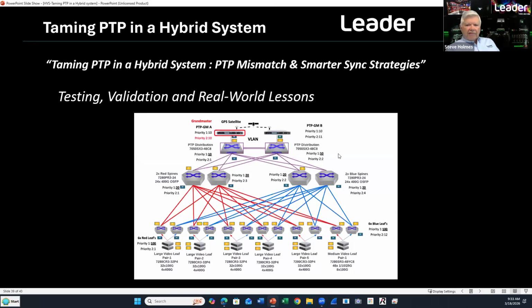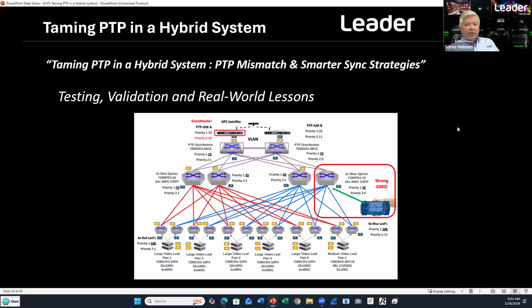And when you have a large network and you're using boundary clocks, you need to make sure that all the boundary clocks are putting out the priorities, the domains, the priority 1, 2 settings that you expect them to do, and not have a wrong grandmaster ID and having the priority 1, in this case, wrong.